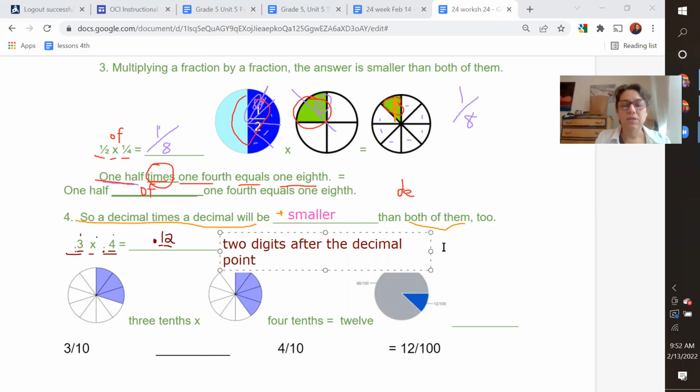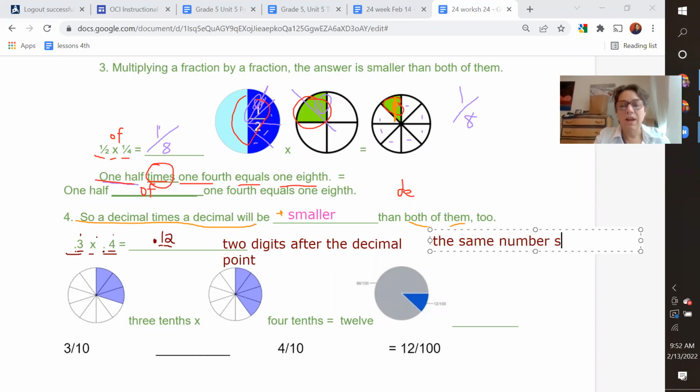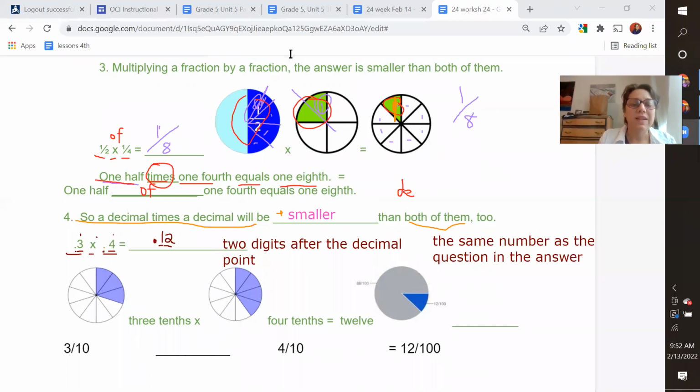What I mean by that is the same number of digits in the question as in the answer.